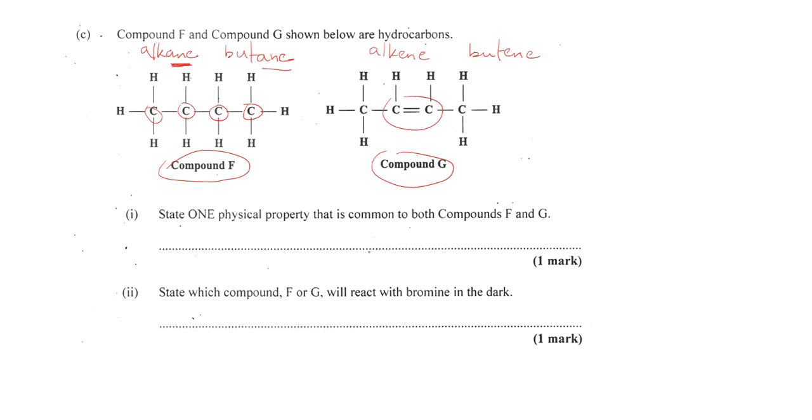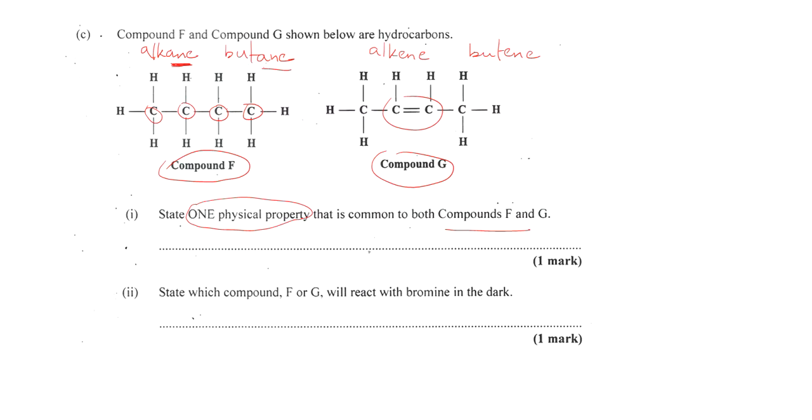Now, let's state one physical property that is common to both compounds F and G. Now, here's the thing. You need to remember, if you can't remember a physical property, think of things like state at room temperature, melting point, boiling point, those kinds of things. So they want a physical property, right? Now I know that butane is a gas at room temperature, right?